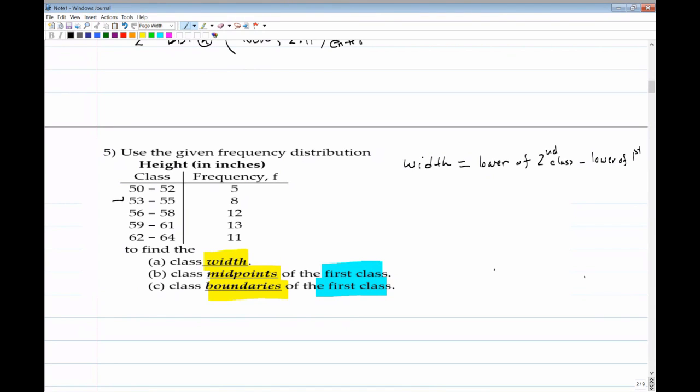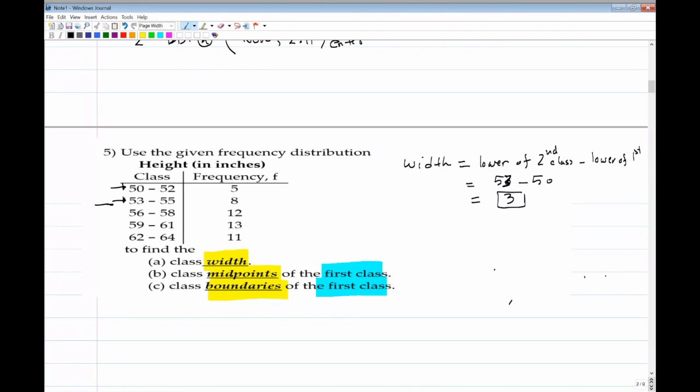What we mean by lower is this is the lower bar and this is the lower bar. So if I go to the first one, I say 53 minus 50, and that will be equal to 3. I'm sorry, I'll put the lower of the second class, this is your second class minus the lower of the first class.